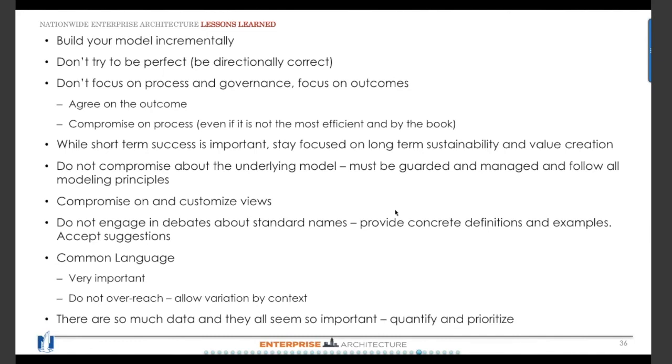One thing that I have almost religiously tried to do is not compromise on the underlying model. As you work with different partners within IT and business, everybody wants to come and change your underlying model because that helps them see what they want to see very quickly.